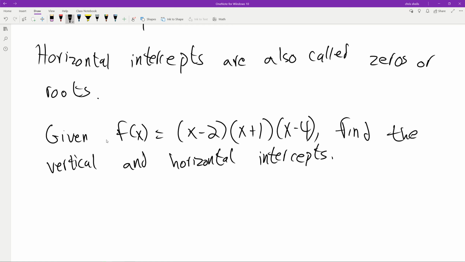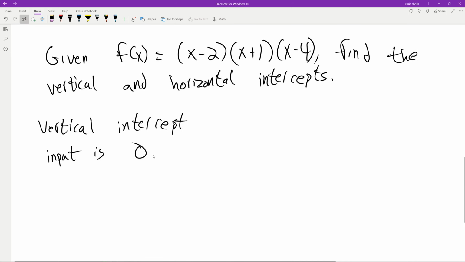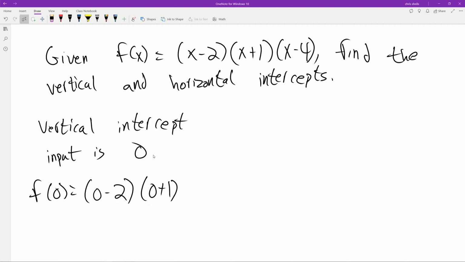So my vertical intercept occurs when my input value is 0. So this is just as simple as finding f of 0, which is 0 minus 2 times 0 plus 1 times 0 minus 4.